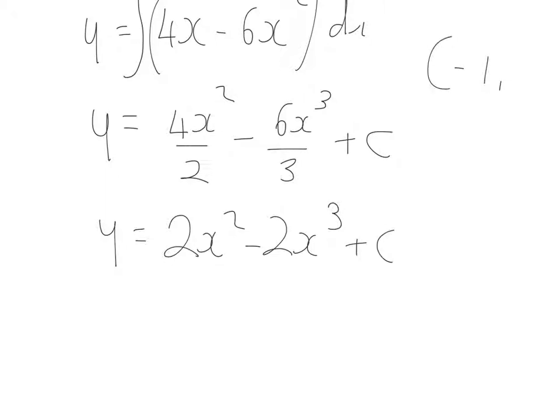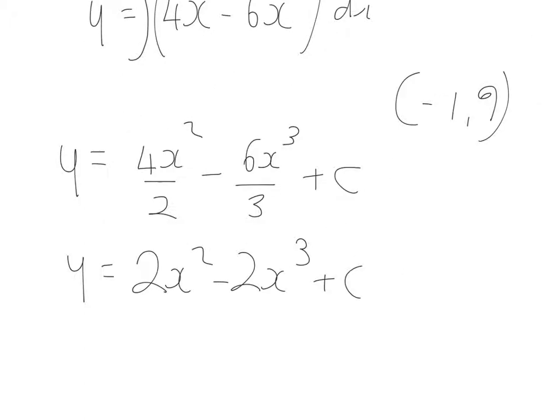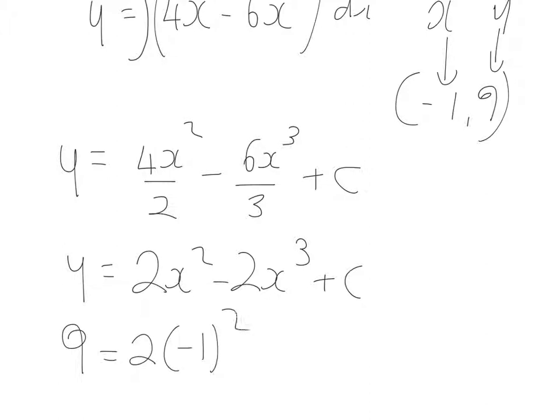I'm told that the curve goes through the point minus 1, 9. That's going to allow me to work out the constant of integration. So when x is equal to minus 1, y is equal to 9, and I can sub that in. So I've got 9 equals 2 lots of minus 1 squared minus 2 lots of minus 1 cubed plus c.